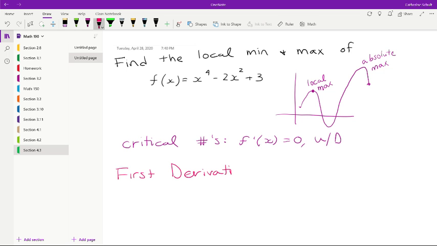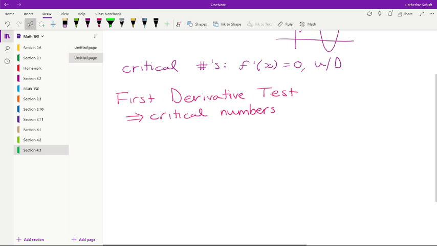And we start that test by finding the critical numbers. Okay? So there you go. And then we figure out the intervals that are positive, the intervals that are negative.